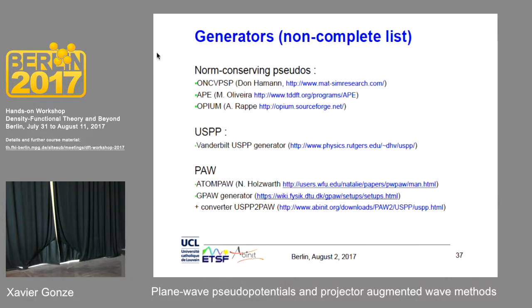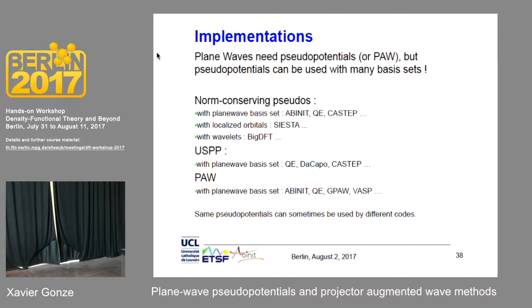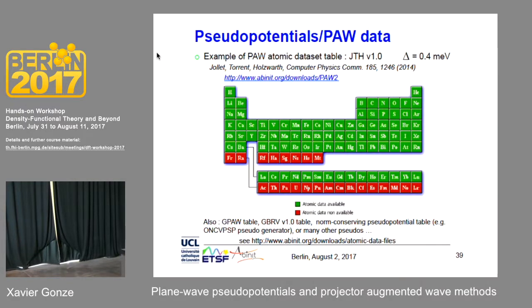I have here a list of generators that is not complete, but for norm-conserving pseudo, USPP, PAW, you can have a look at these. Implementations are also numerous: norm-conserving, USPP, PAW. And this is, to give you a flavor, a pseudopotential table that is found on the web.